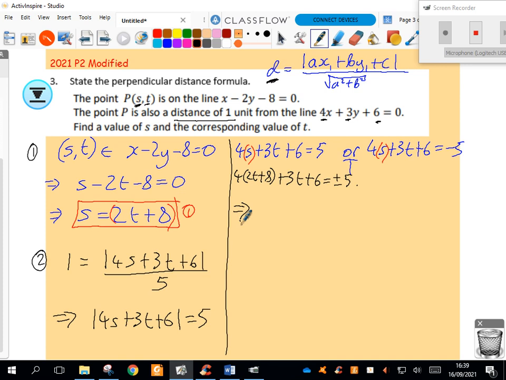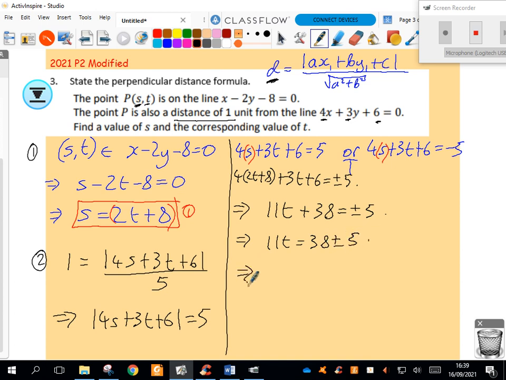So multiplying everything out, 4 times 2t, that's 8t, plus another 3t, that's 11t. 4 8's 32, plus that 6, that's going to be 38, is equal to plus or minus 5. Which means 11t is equal to 38 plus or minus 5.